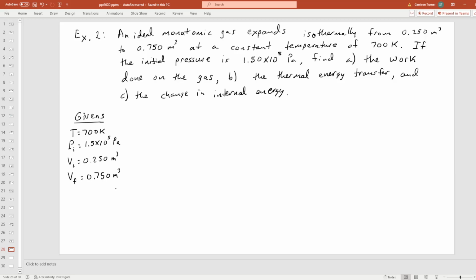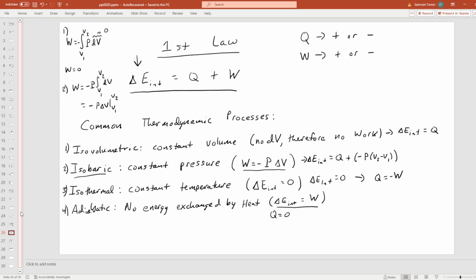Okay, now before going any further, I would invite you to come back and consult this table. So, isothermal, meaning the change in internal energy is zero, because remember, your change in internal energy, got to go back and remember the formula.